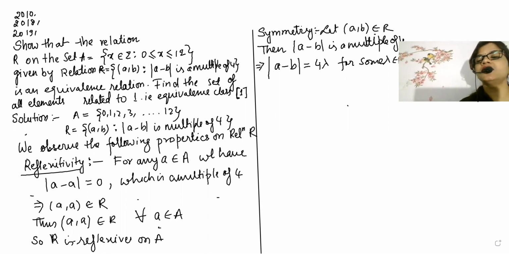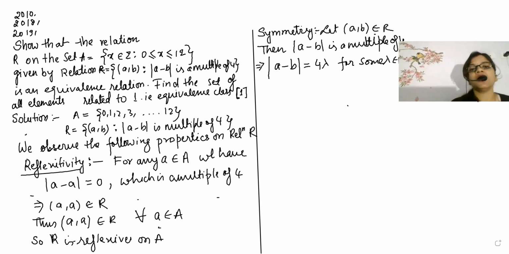Why here you might be thinking: integers have been selected, Z is there, so why have you kept lambda as the set of natural numbers? The reason is that x belongs to integers, but the elements inside set A are all positive numbers.